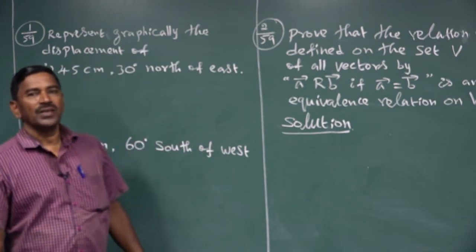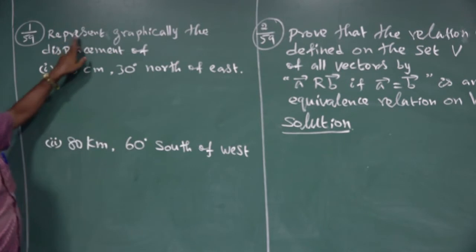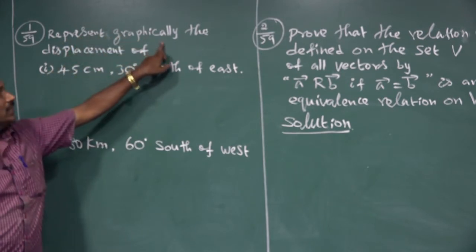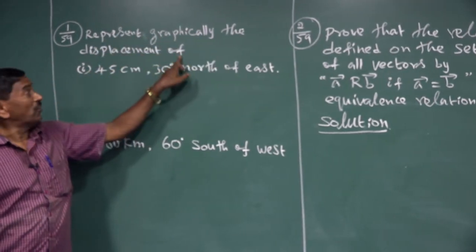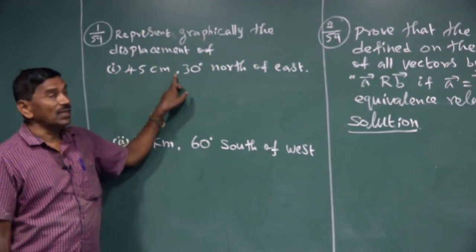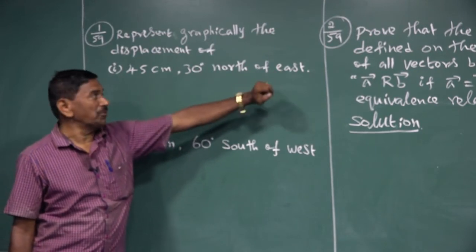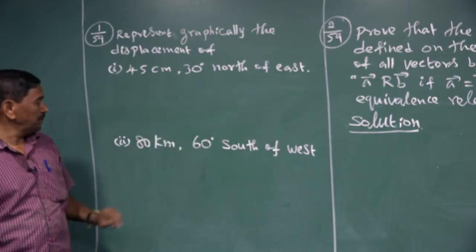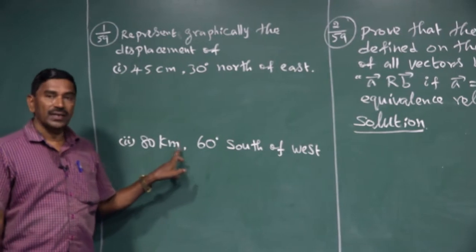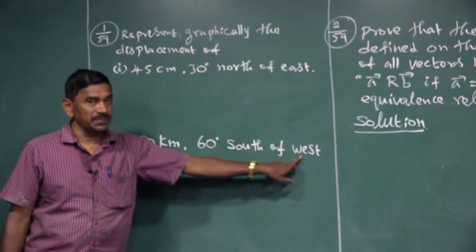Children, listen. 8.1, first sum. Represent graphically the displacement of 45 centimeter, 30 degree north of east. That is the first subdivision. Come to the second subdivision: 80 kilometer, 60 degree south of west.